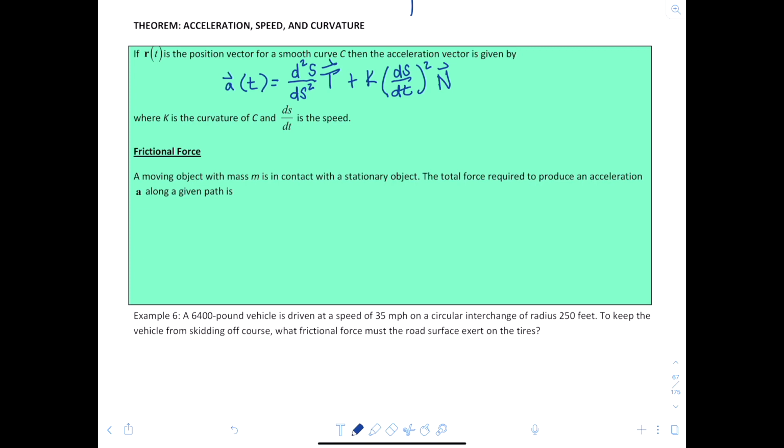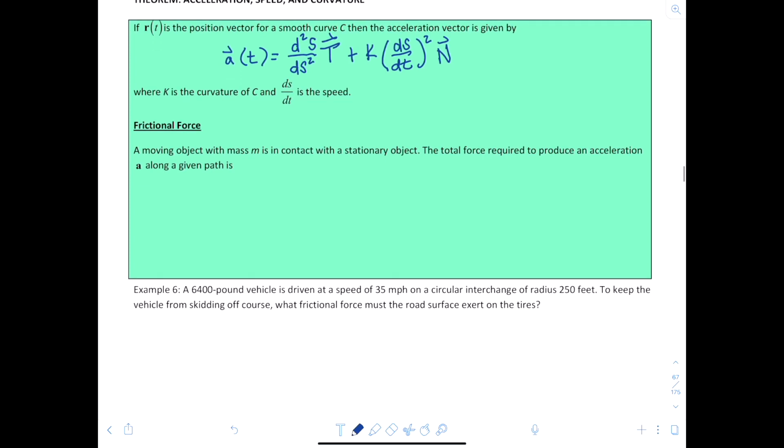So now, frictional force. A moving object with mass m is in contact with a stationary object. The total force required to produce an acceleration a along a given path is, the force vector is equal to the mass times the acceleration vector.